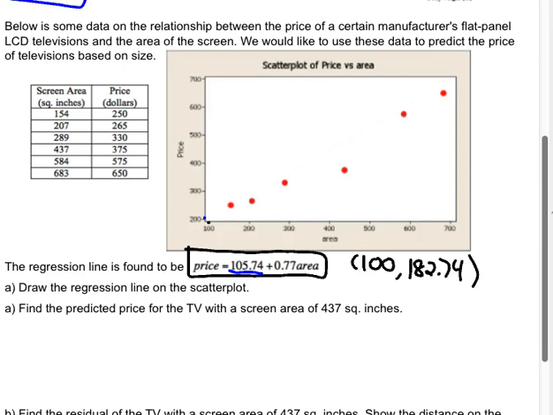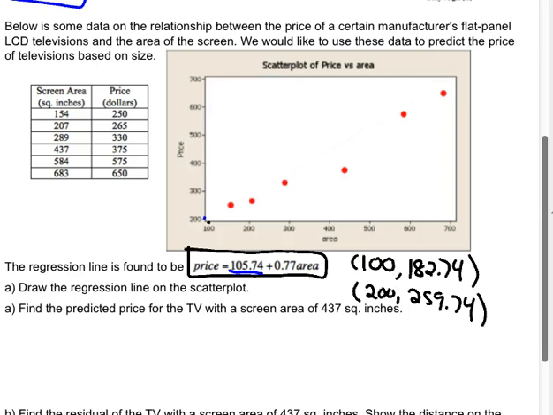And I'm going to plug in another one. I'm going to plug in maybe, let's say, 200. Plug 200 into that formula. That's going to give me 259.74.